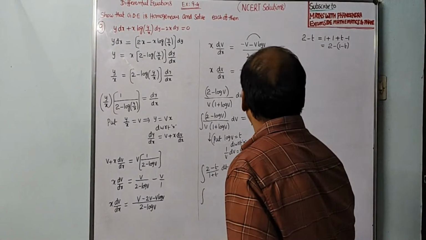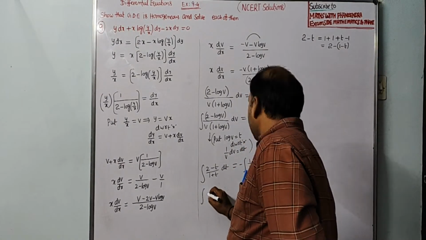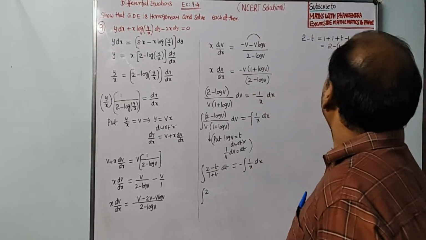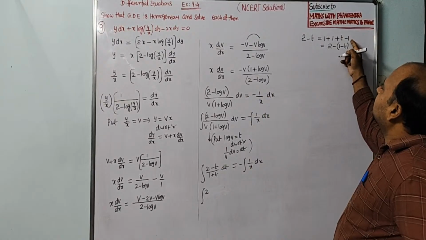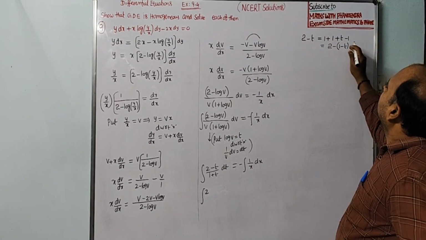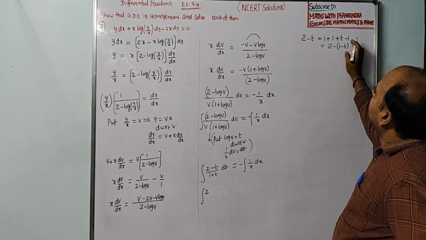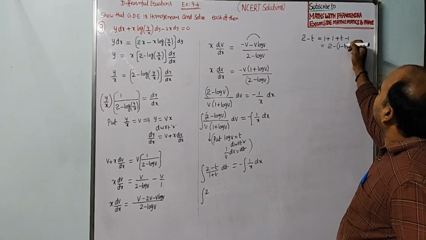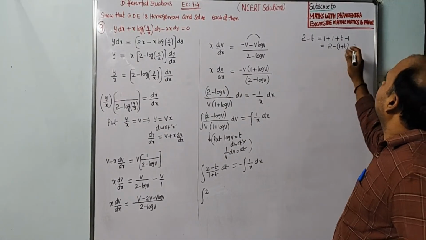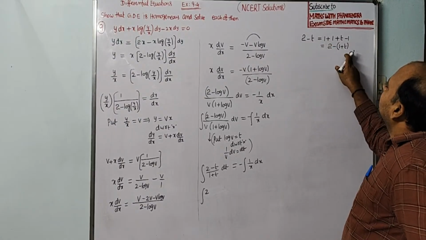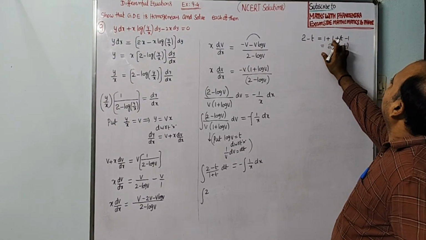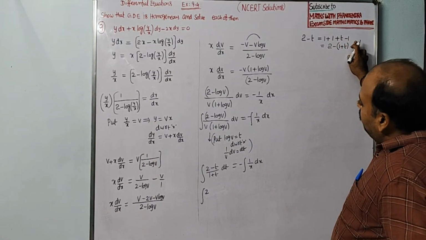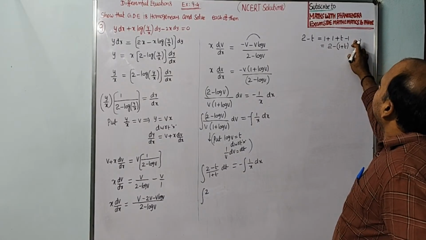So 2 minus t can be written like this, adding and subtracting, in terms of the denominator.